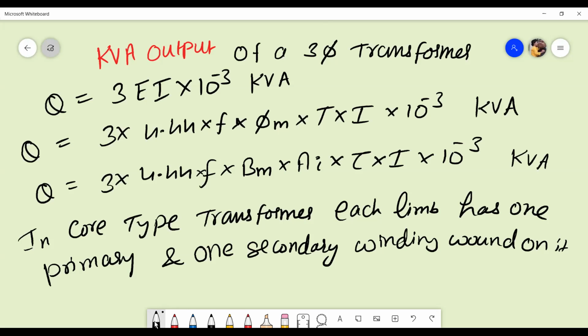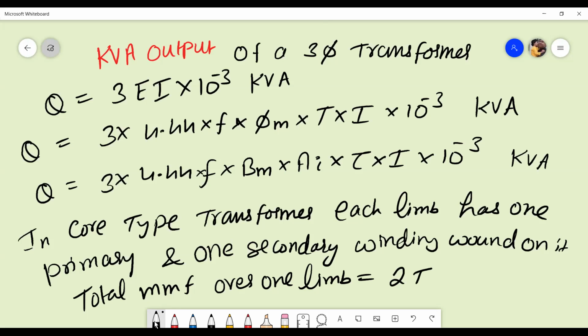And therefore, if you want to find the total magnetomotive force over one limb, this will be equal to 2 times number of turns into current I. Okay, so we shall be using this expression also to solve our question.